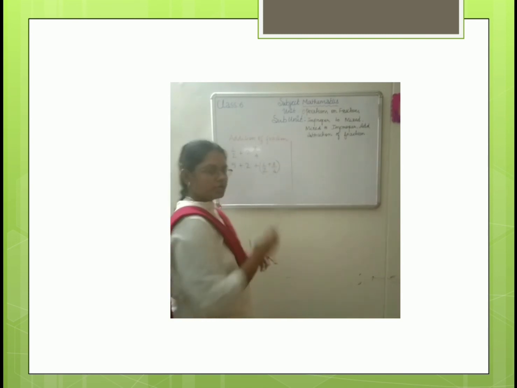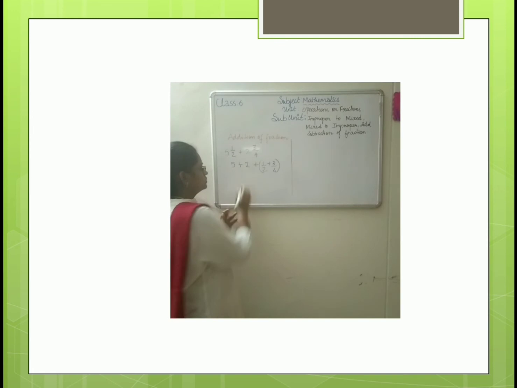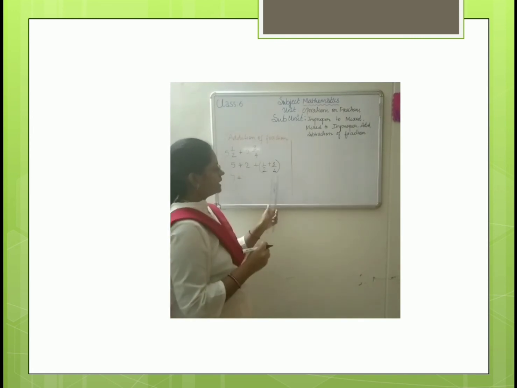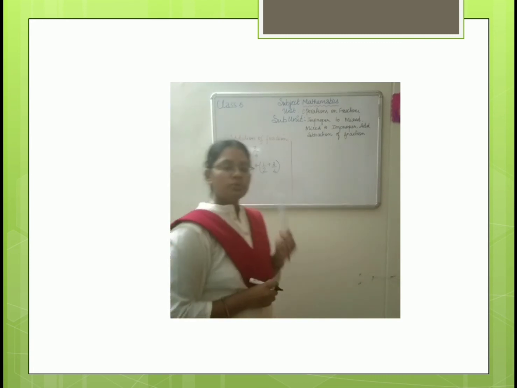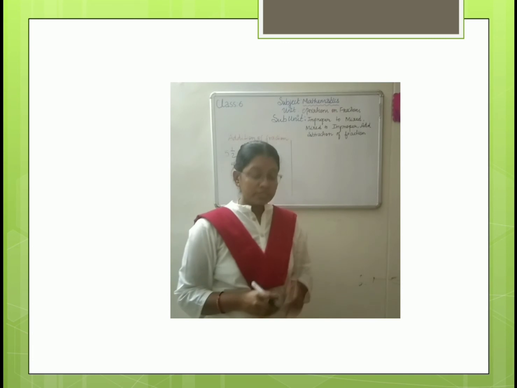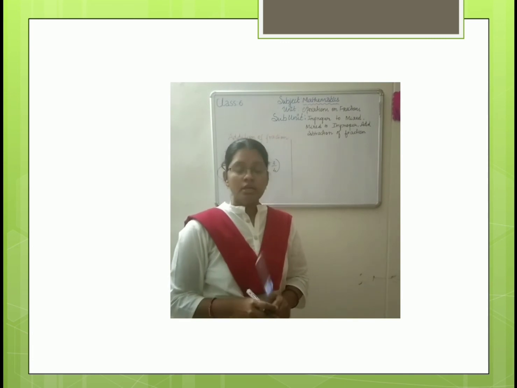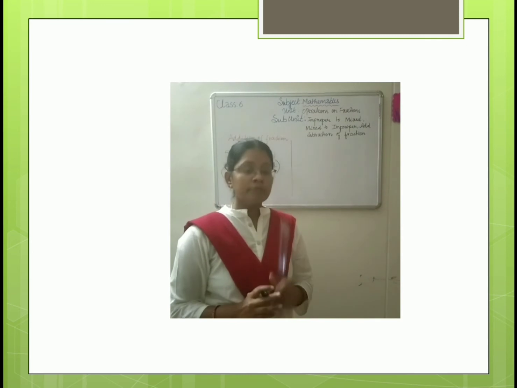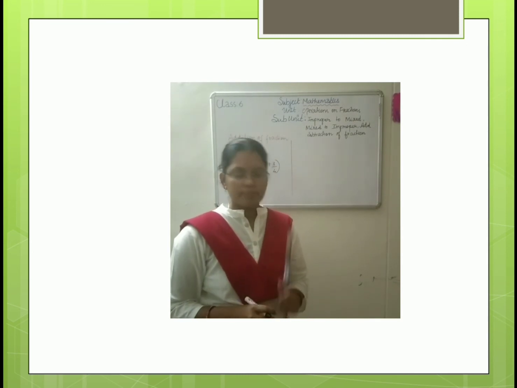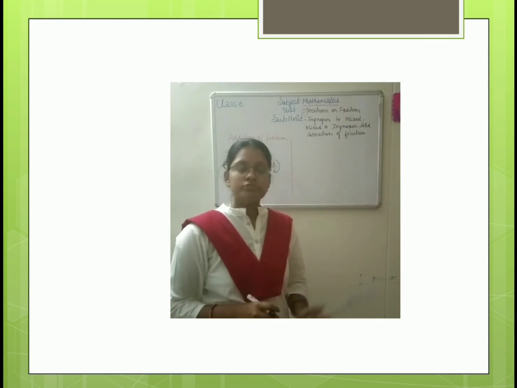Now can we add both these things? These are unlike fractions, can we add? No, we can't add. You have to think critically, students, here. If you have unlike fractions, you can't add before taking LCM. You have to take LCM for addition and for subtraction. So 4 is your LCM.